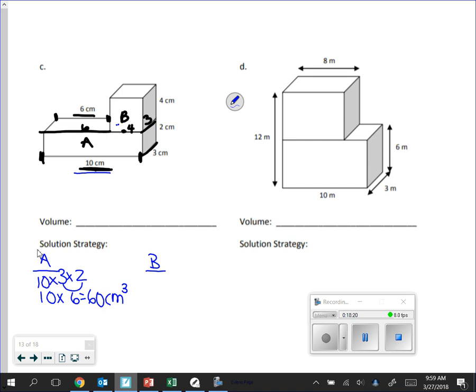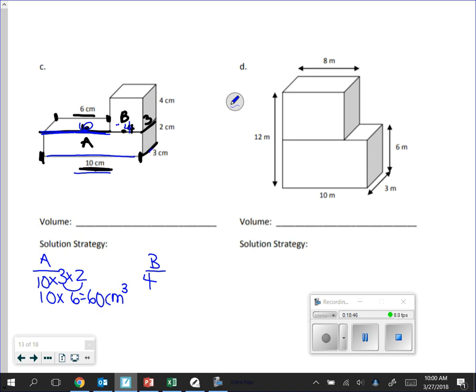They gave you the total length of 10. They gave you what this part was. It was 6. So you did 10 minus 6 to give you 4 right there. This is the part that you needed. So the length of shape B was 4.